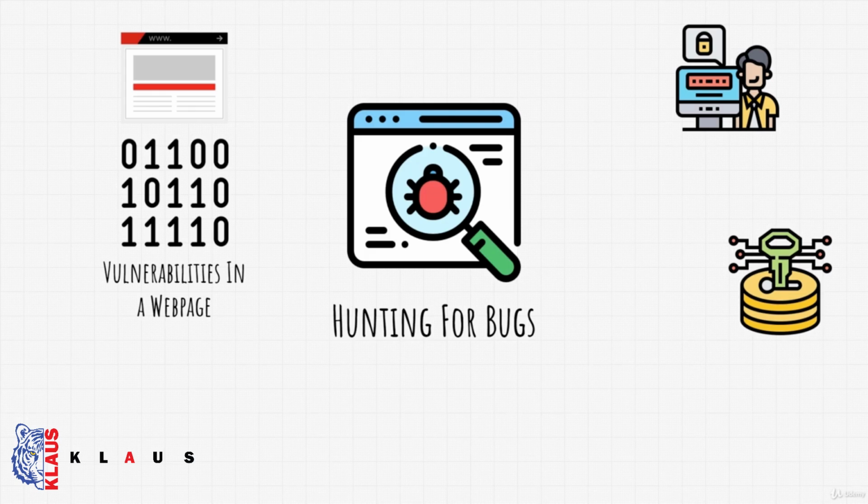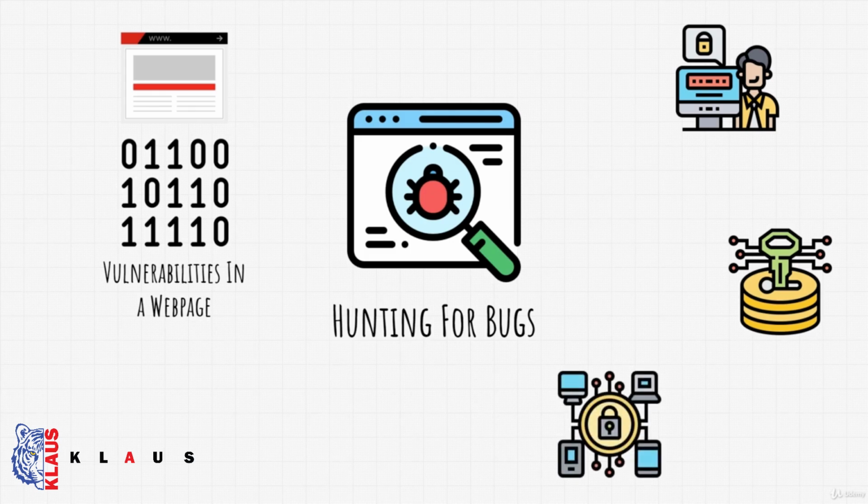Some vulnerabilities can also target not only websites, but client devices as well. By this, I mean that there are vulnerabilities that could also be dangerous for the client that visits a vulnerable web page. But don't worry, all of this is something that we will talk about in the course, and we will explain how all of these attacks work.